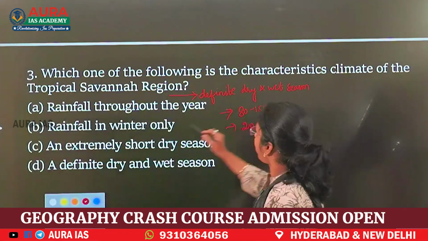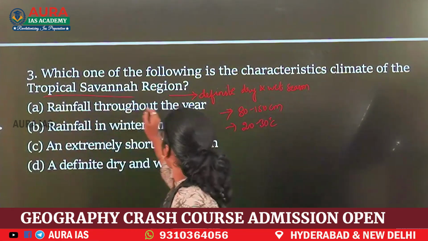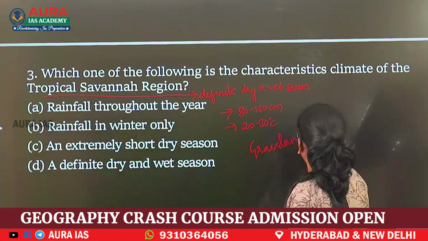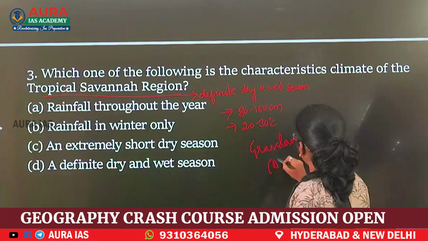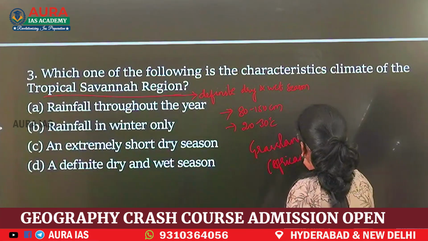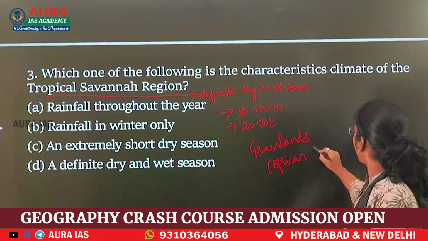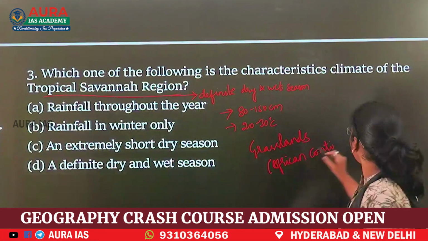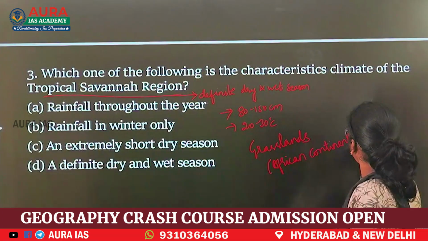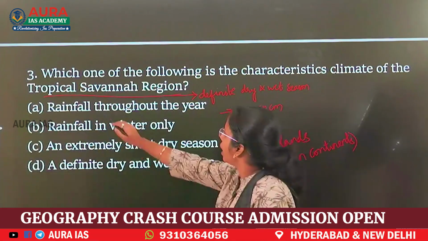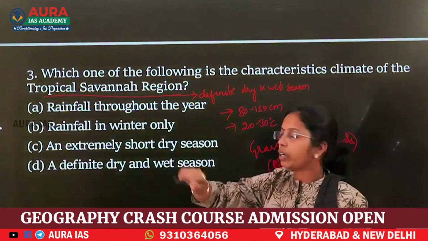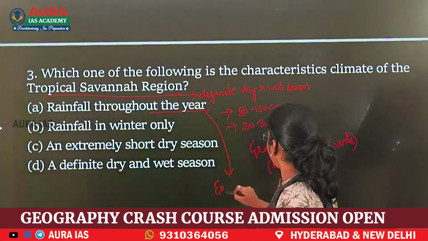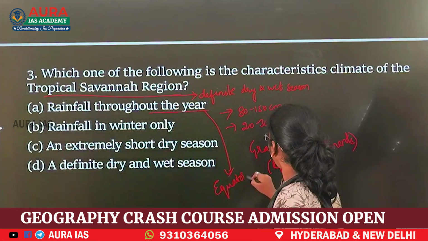And in this tropical savanna region, you see vast grasslands. Almost half of African continent consists of savanna region. African continent, vast grasslands with shrubs. Now, rainfall throughout the year? No. Rainfall throughout the year is seen in equatorial rainforest region.